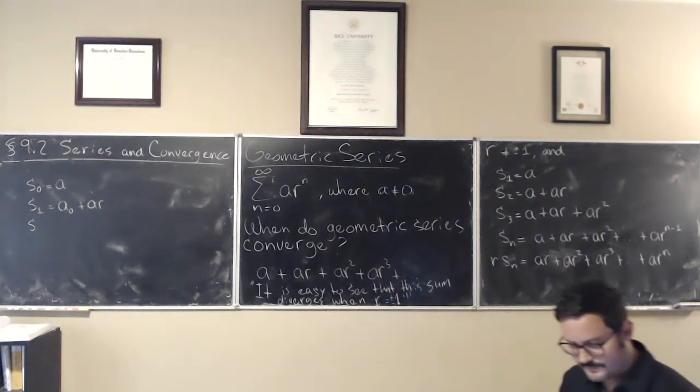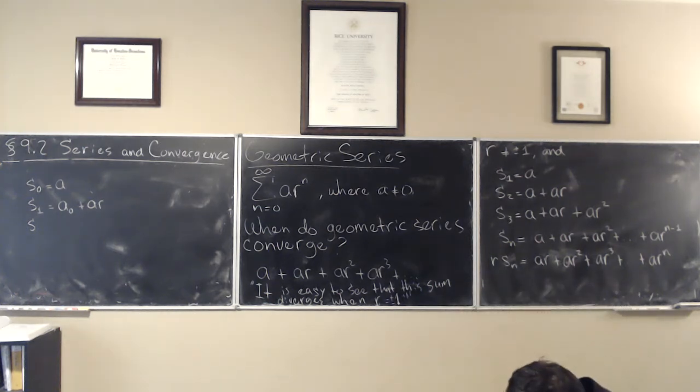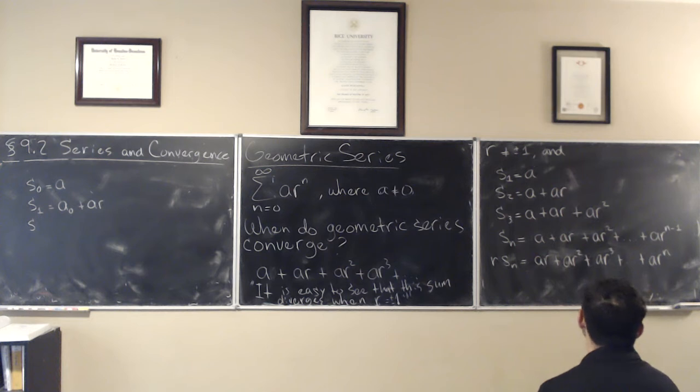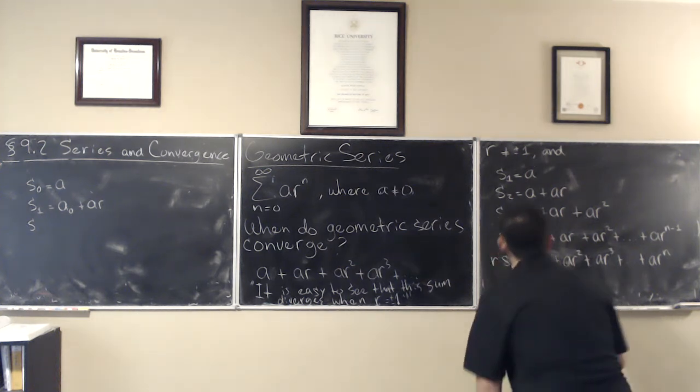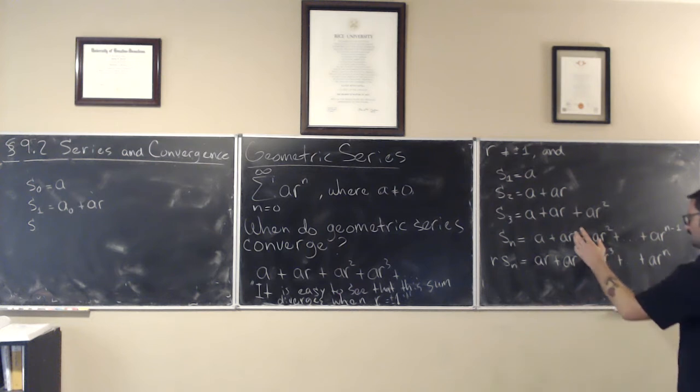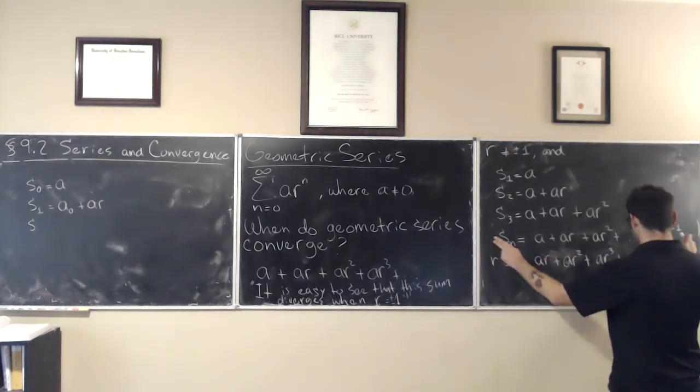If we add A to both sides, one second. Something is off, and I don't like it. Oh, no. We're not off. Look at this. We can subtract this equation from that equation.